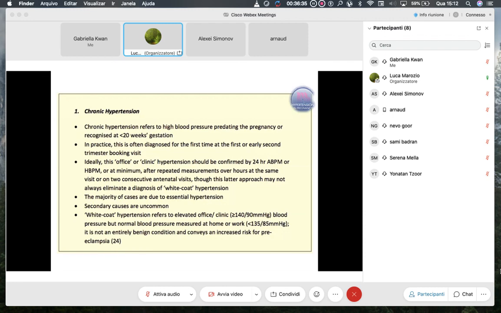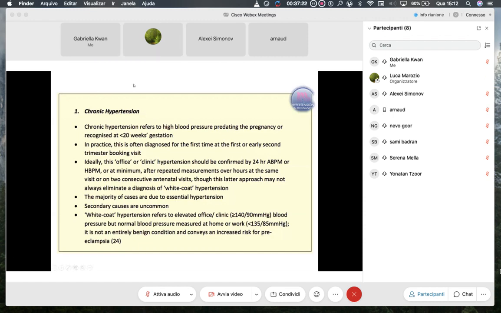So ideally, a chronic hypertension should be confirmed with a repeated measurement at home, not necessarily with an automated blood pressure monitor, a Holter monitor, but at least by a measurement that the woman can do by herself if correctly trained to do that. So it's important not to base the diagnosis only on one measurement in the office.